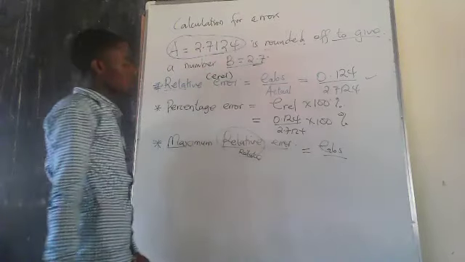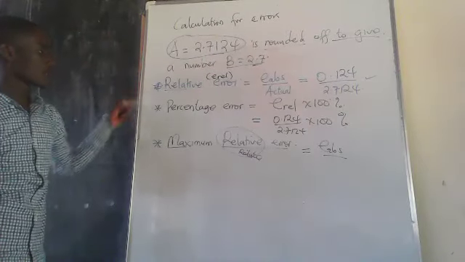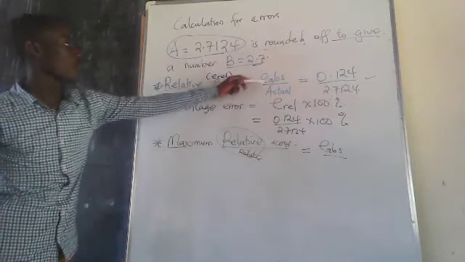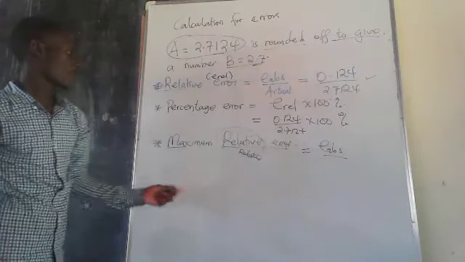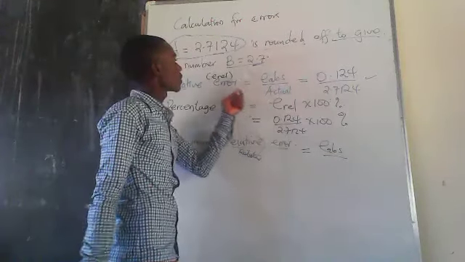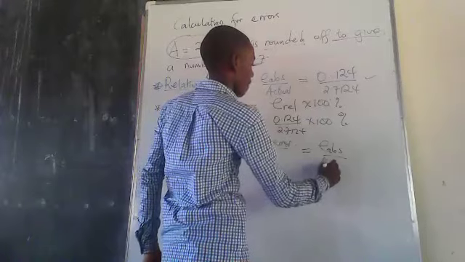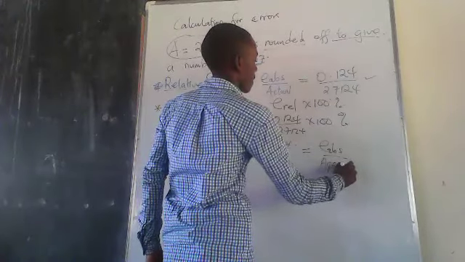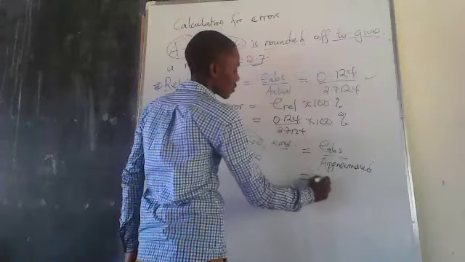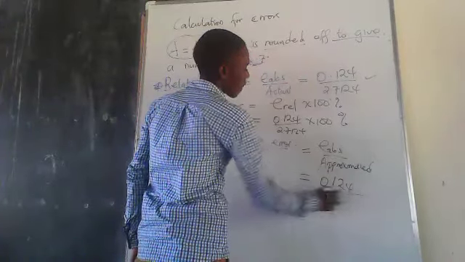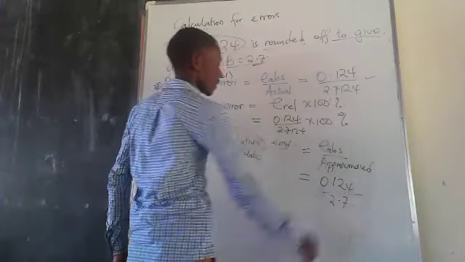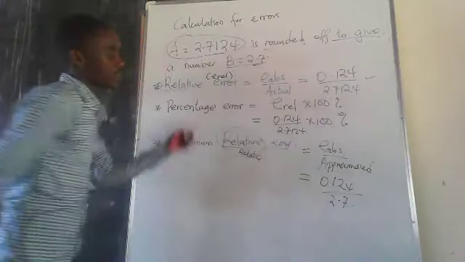The difference between relative error and maximum relative error is that for relative error, we divide absolute out of actual. But for maximum relative, we divide absolute, but instead of using actual, we use approximated. Absolute was 0.0124, but out of approximated now, which is 2.7. So this is how we do this work.